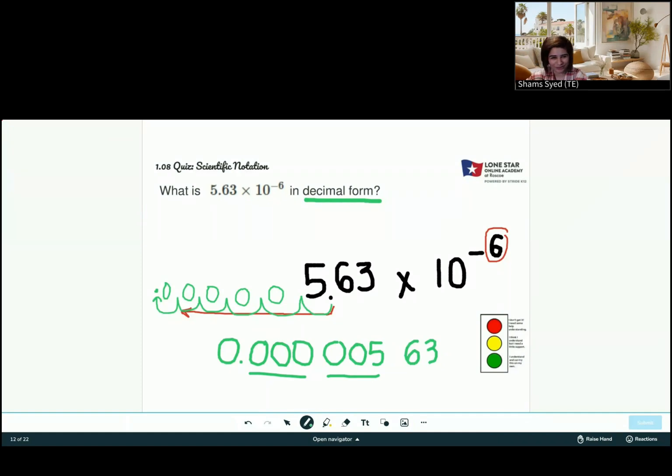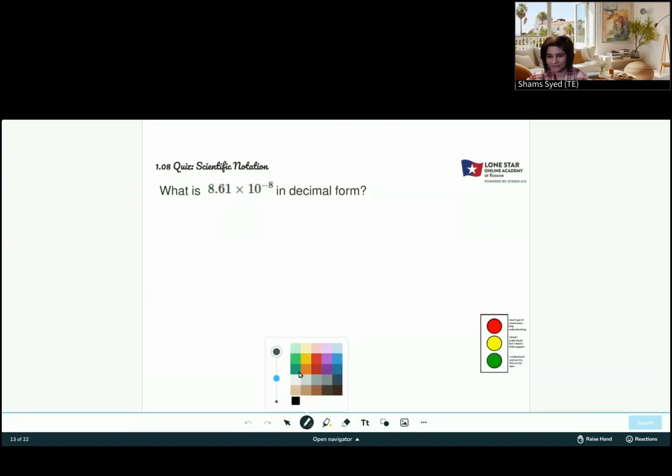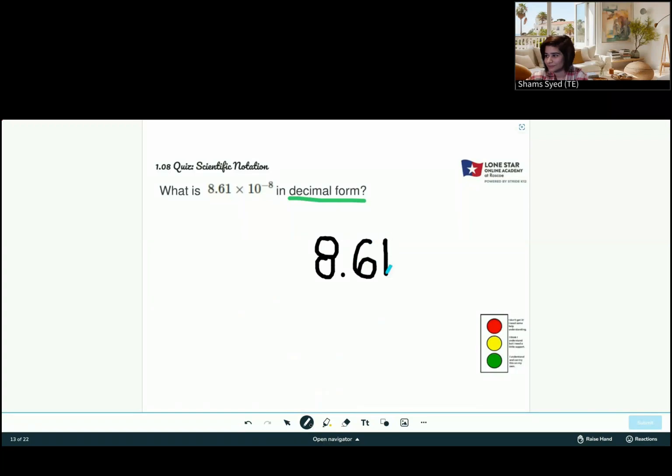Let's try one more. You want to give me the answer in decimal form, right? Give me the answer in decimal form. The power is -8. Let's get started. 8.61. Very good, Elizabeth.